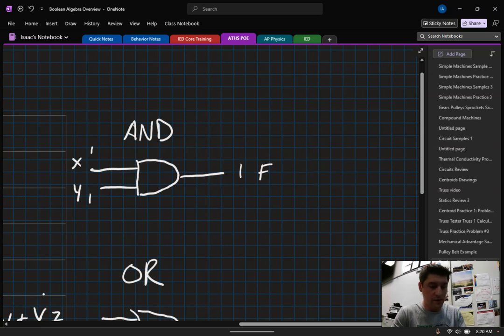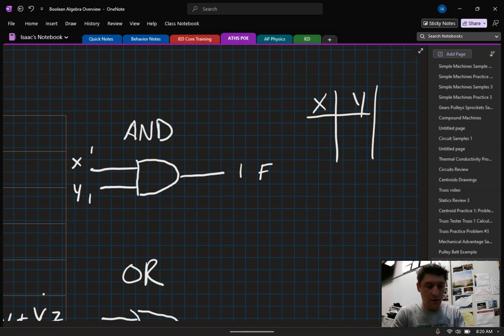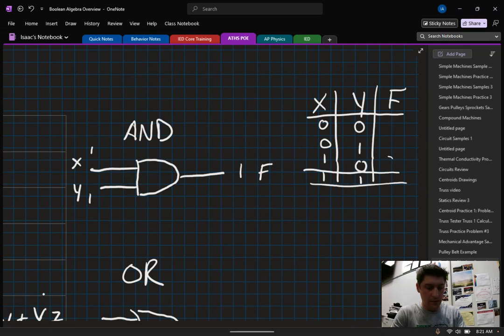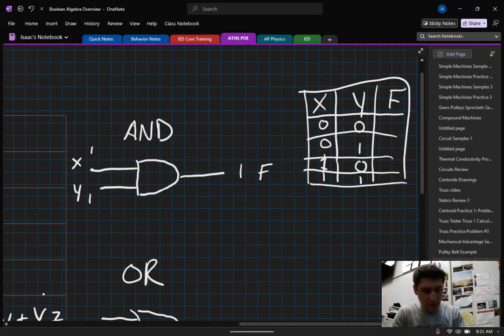So we can use this to create a basic truth table with x, y, and f. And we can do that by applying our standard inputs of 0, 1, 0, 1, and 0, 0, 1, 1. So there's our table, as cursed as it looks. 0, 0, 1, 1, 0, 1, 0, 1.